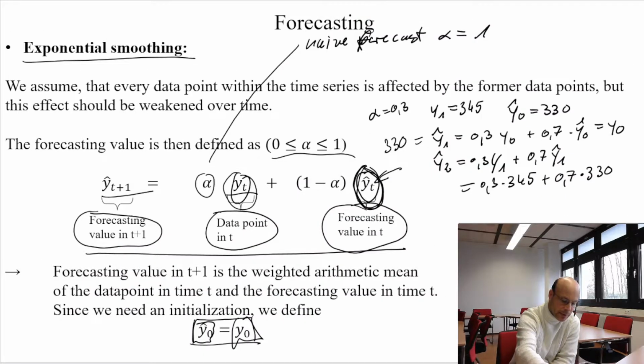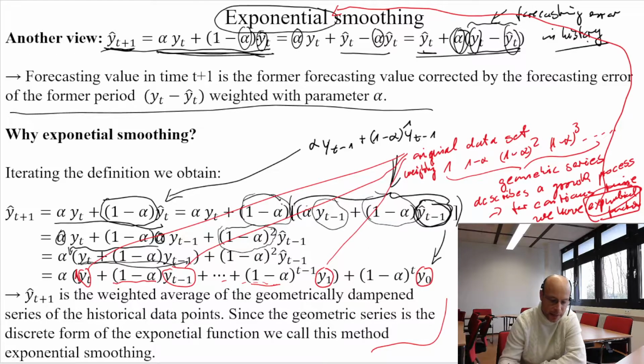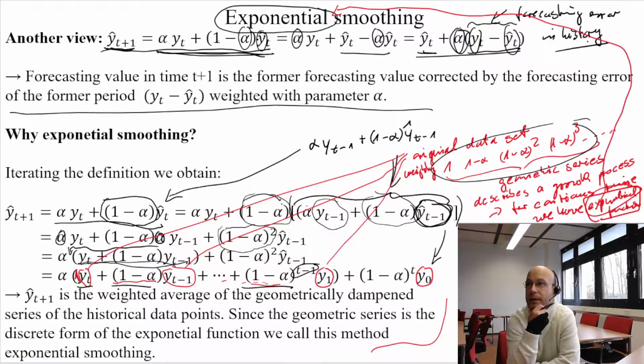And for the starting point, we just defined that for the started forecasted value, we take the value itself. We obtain here our factors 1 minus alpha up to 1 minus alpha to the exponent t minus 1, and this is nothing else than the geometric series.